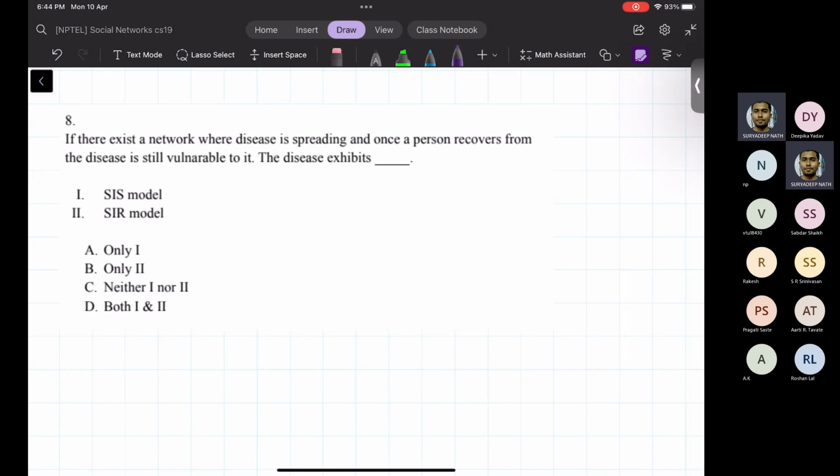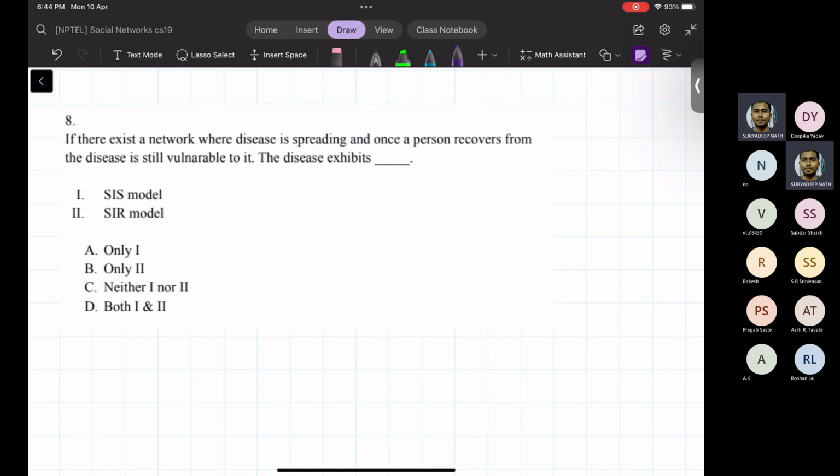In question number 8, there exists a network where a disease is spreading, and once a person recovers from the disease, they are still vulnerable to it. So you can get reinfected after you recover.